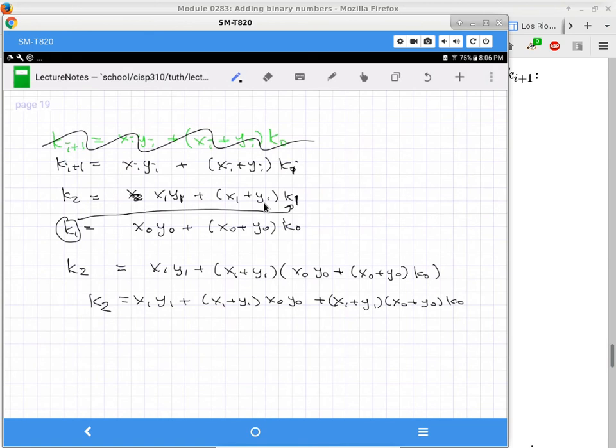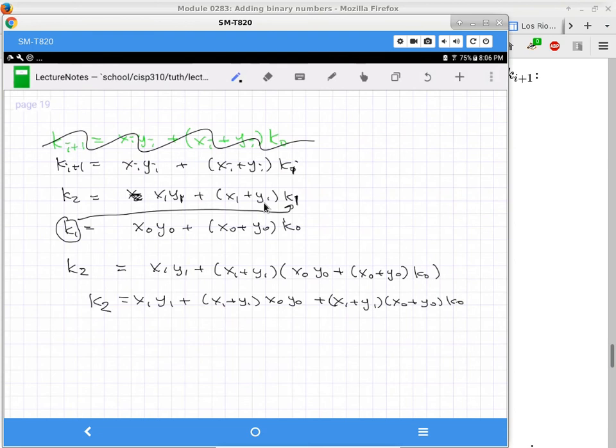Because K3 depends only on K2 and all the x and all the y's, right? But if I expand that K2 to this, then it only depends on K0. So this is our ticket out of that whole rippling thing, because I don't need to depend on the previous carry anymore. Is that okay? So this is another profound moment of today's lecture.